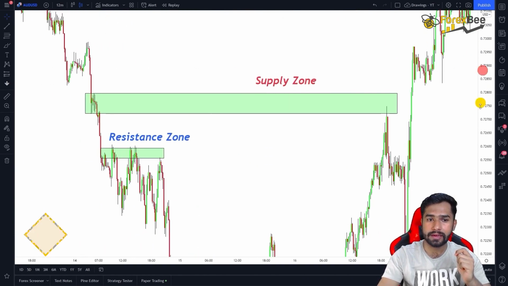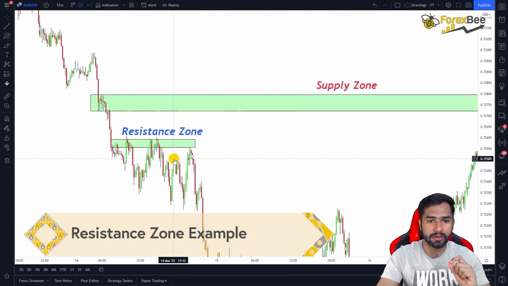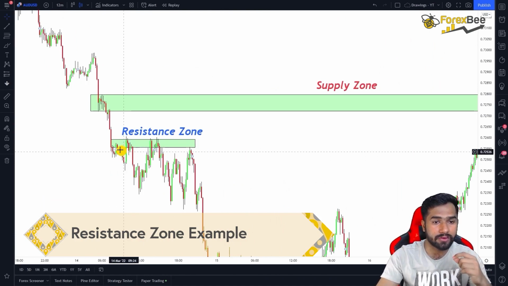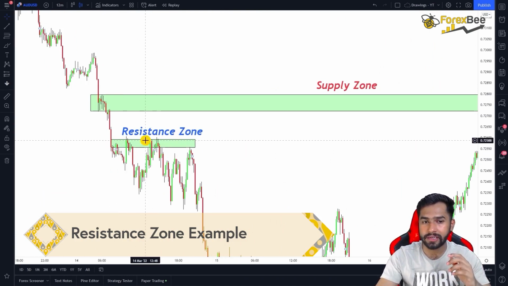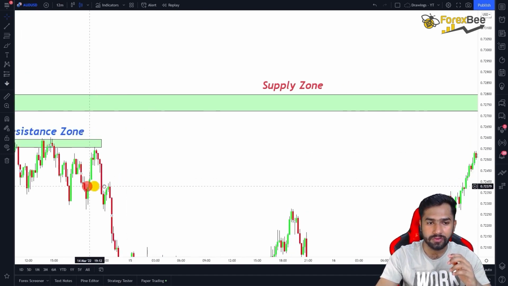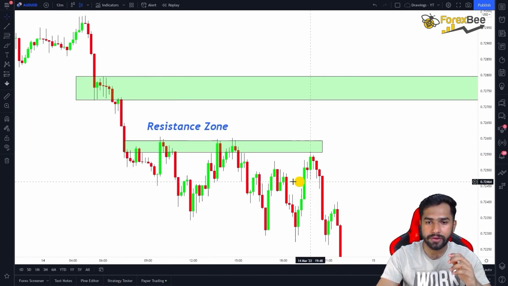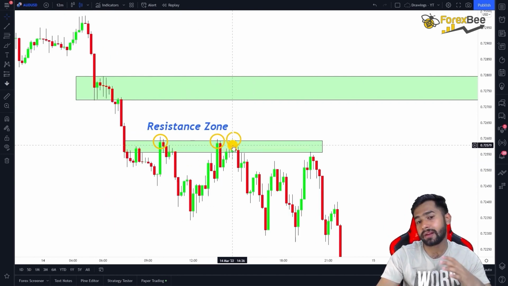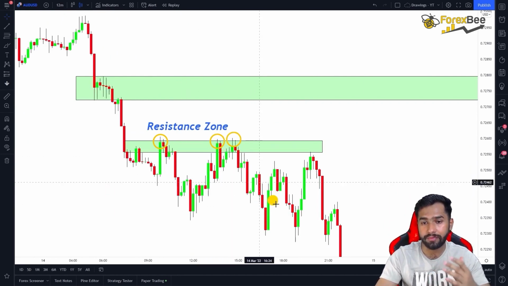Here you can see that this is the resistance zone forming, in which the price is getting rejected. The buyers are trying to break this level, but the price is getting rejected again and again. Let me just zoom in. So here you can see that price is getting rejected and the market comes back but gets rejected and then again moves in the bearish direction.